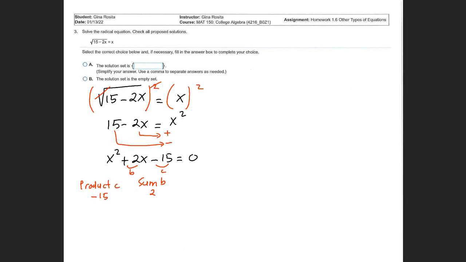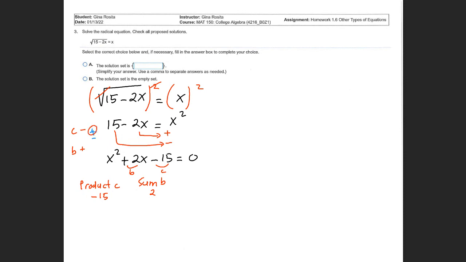Just remember, if C is negative, the answers must be positive and negative. But look at B. B is positive, so you put the positive sign on the biggest number.